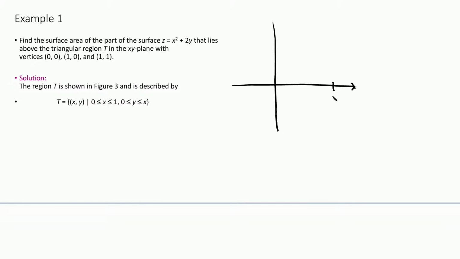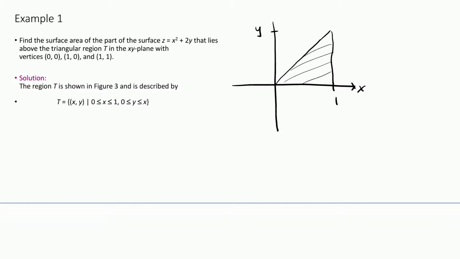This is 1. And then Y goes from 0 up to X. There we go. Okay, so here is the region that we're interested in.